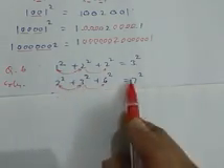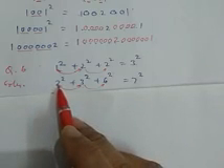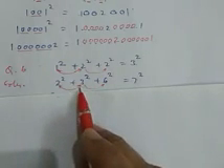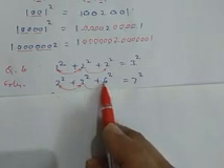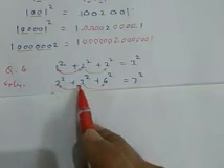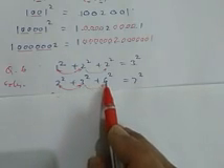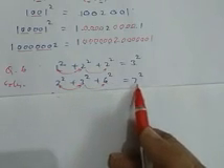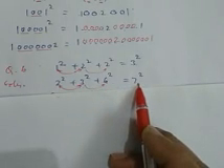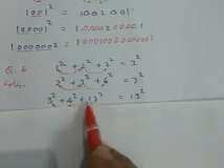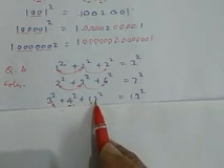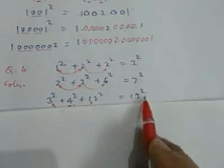So this pattern is like that. First we multiply the 2 numbers, then we get the third number square. By multiplying these 2 numbers we get the third number, and by increasing 1 we get the other side. Now we check again. 3 into 4 is 12. So here 12, and one more than 12 is 13.